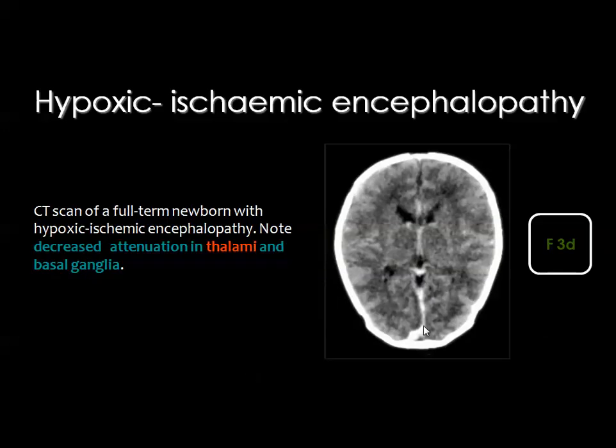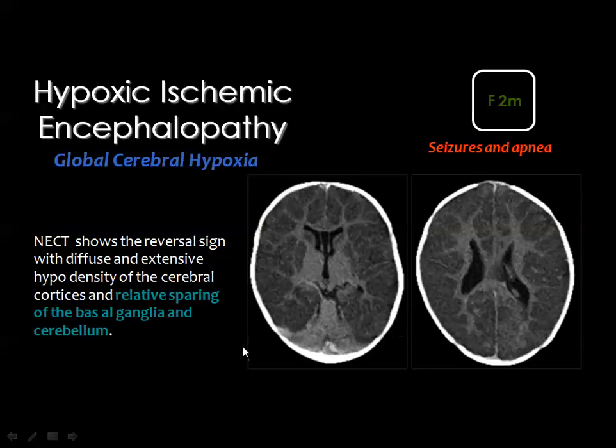And as I have mentioned, there are some clues to predict whether these changes are ischemic. This is an infant 3 days old, and this is considered normal white matter hypodensity in this very early neonatal period. But one of the clues that this is ischemic changes is the appearance of hypodensities in the thalami and the basal ganglia, and this is one of the signs.